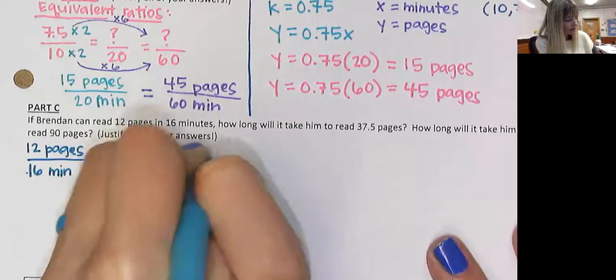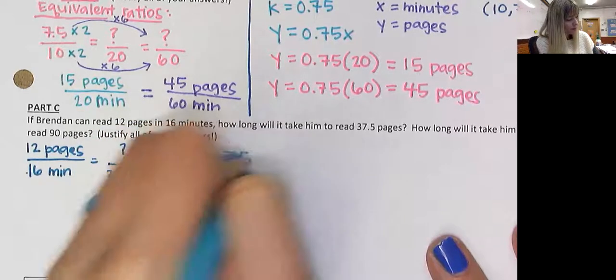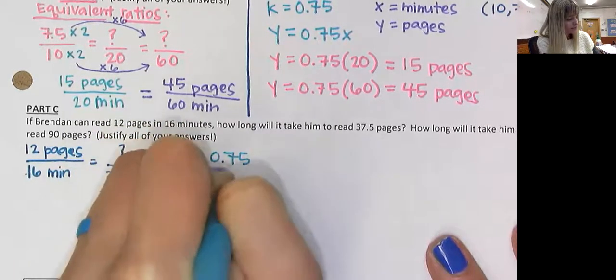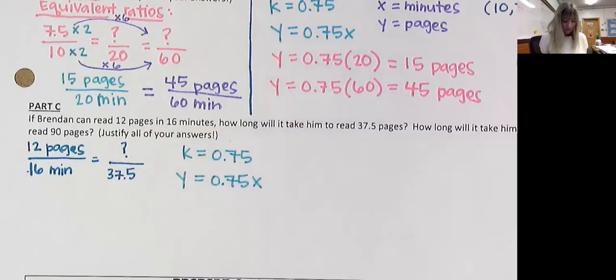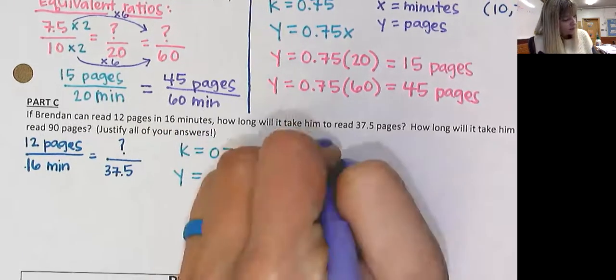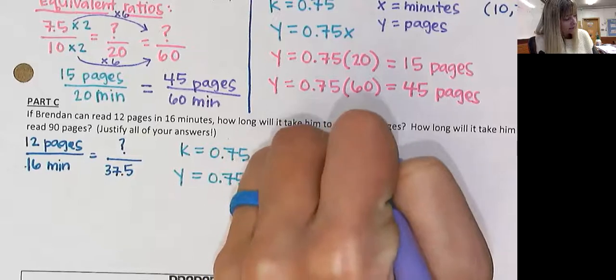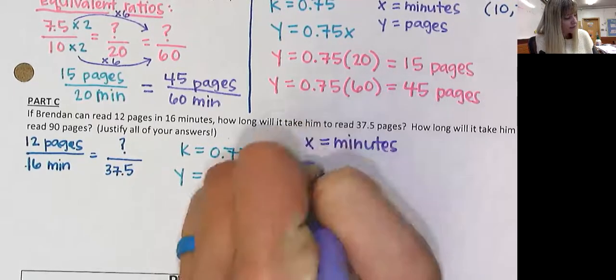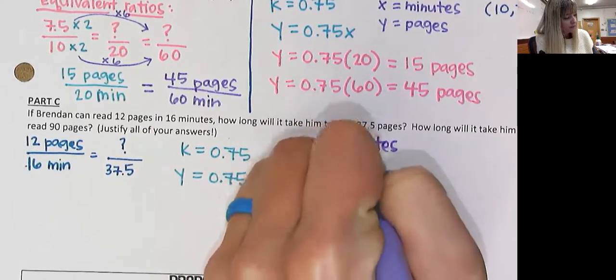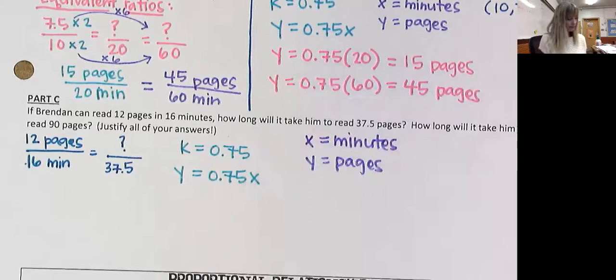What if I say K is 0.75, Y is 0.75X, the variables are going to be defined the same way, same unit rate. X is minutes. Should you write all this down? Y is pages. So that's all defined the same way.